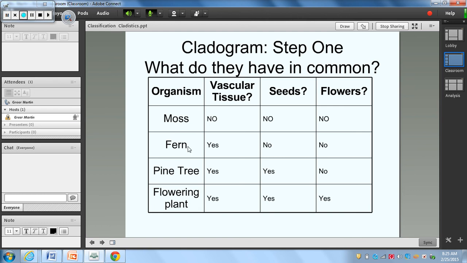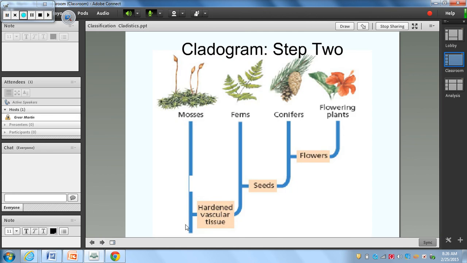Same thing. You're going to go down. Fern. Fern has vascular tissue, no seeds, no flowers. Pine trees have vascular tissue, have seeds, but no flowers, and the flowering plant has all 3. So once you figure out the characteristics for each of the organisms and you set up your chart, you can set up a cladogram. So you're going to start at one point and you're going to draw the connecting line.